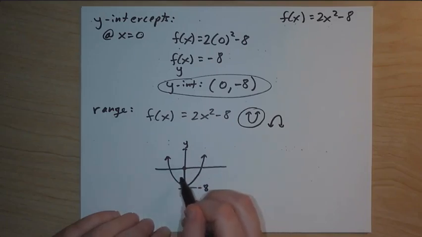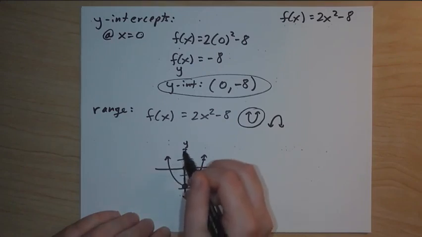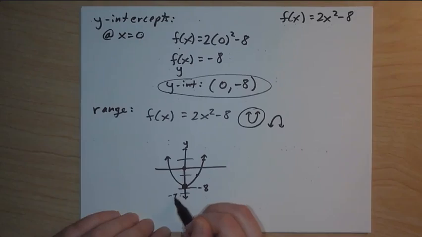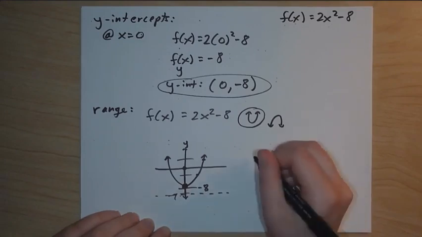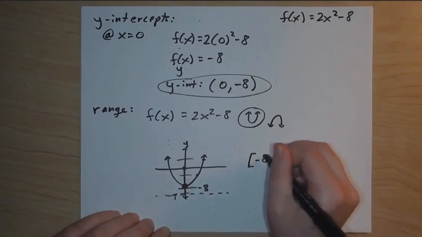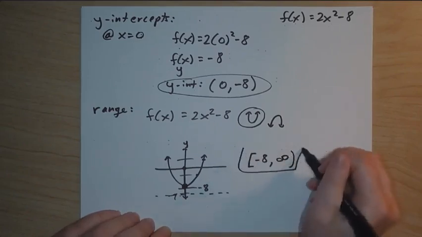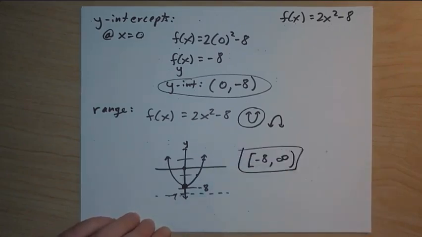If you have a y value here, there's a point. If you have a y value here, there's a point. And that goes on for infinity. But if you went down to -9, for example, and tried to look for a point there, there's no point. So our range is from -8, including -8, to infinity. So we've now found our vertex, our x-intercepts, our y-intercept, and our range.